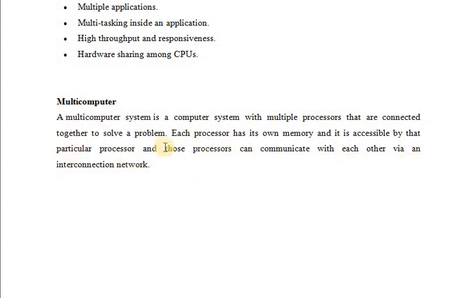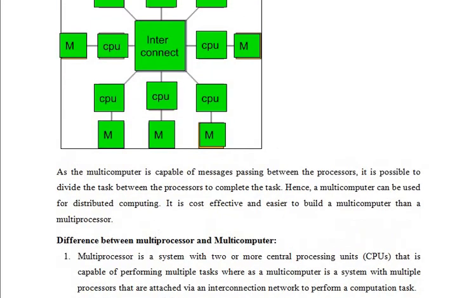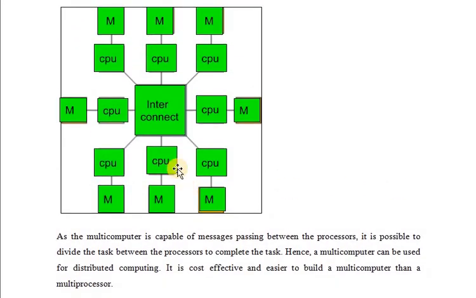So each processor has its own memory, that is the important thing here. We will see the diagram. See here, each processor has its own memory, and they are interconnected.